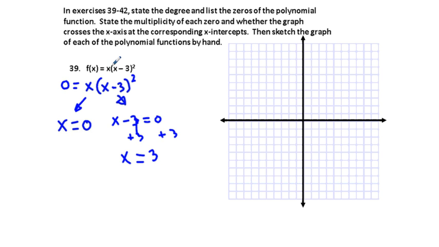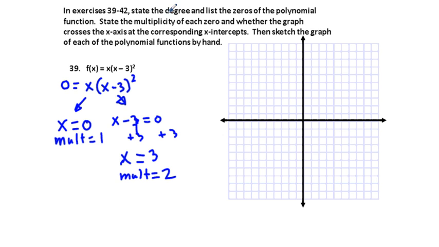And we see this x is x to the first power, so we've found the zeros, and we've listed them, x equals 0, x equals 3, and we have x to the first power, so we say multiplicity, which I'm going to abbreviate MULT, equals 1. And then for this x equals 3, we have this quantity x minus 3 squared. So for this, our multiplicity is equal to 2.